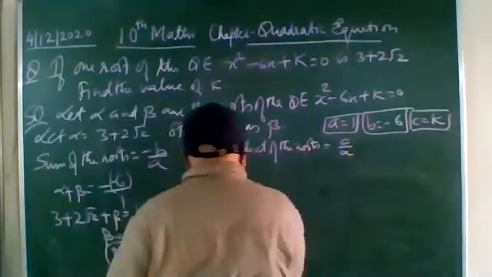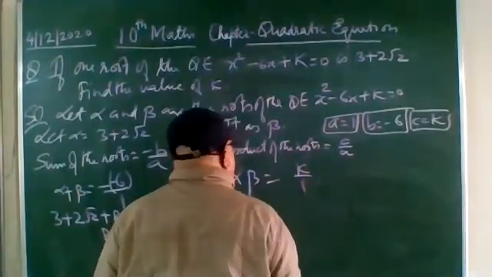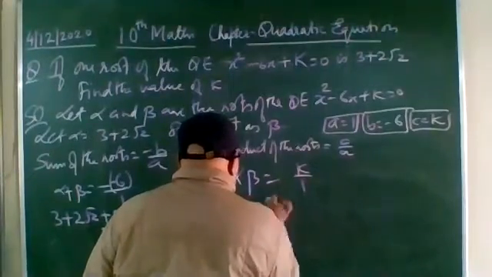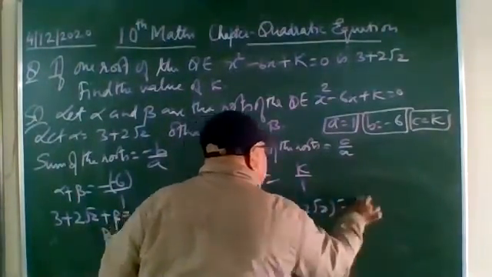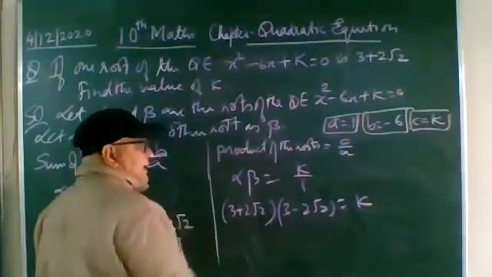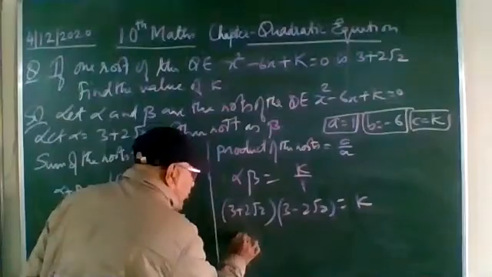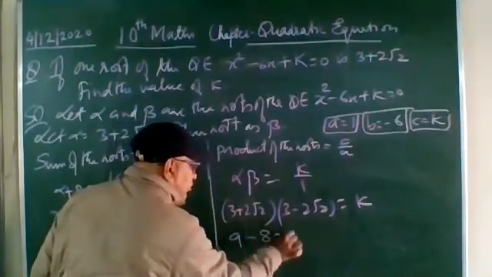Product of the roots, alpha beta, is k upon 1. Alpha you know is 3 plus 2 root 2. Beta you have calculated, 3 minus 2 root 2. Now find k. a plus b and a minus b is what? a square minus b square. So 9 minus 8 equal to k.